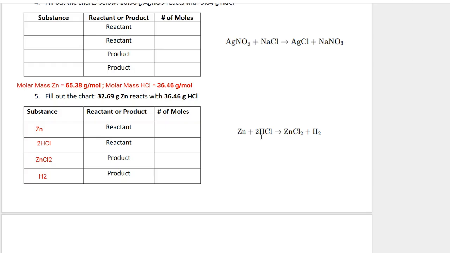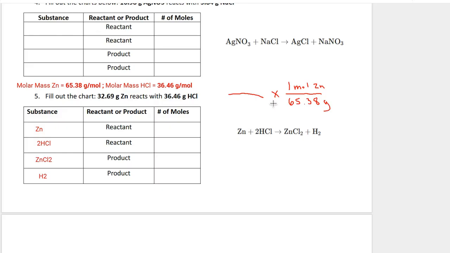All right, so you can see we have 32.69 grams of zinc, and 1 mole of zinc is 65.38 grams. So for the mole ratio, it's line times line. 1 mole of zinc, Zn, is 65.38 grams.